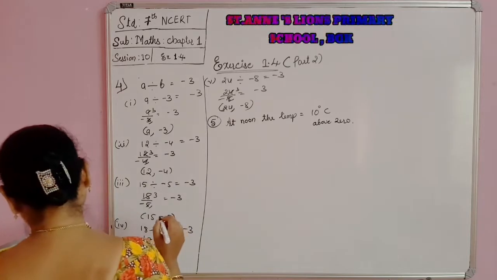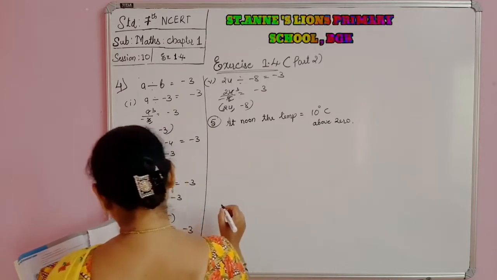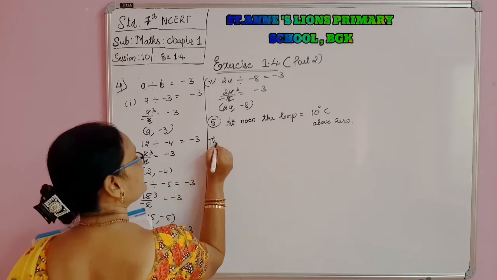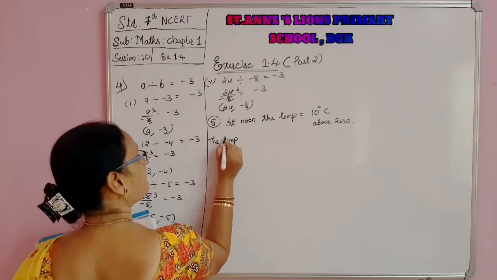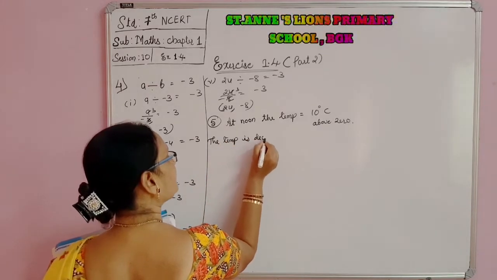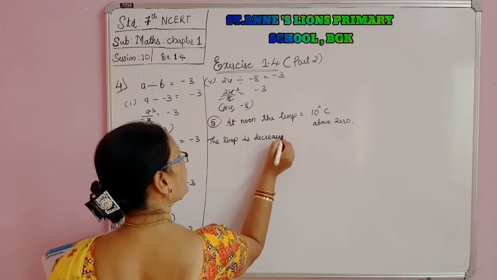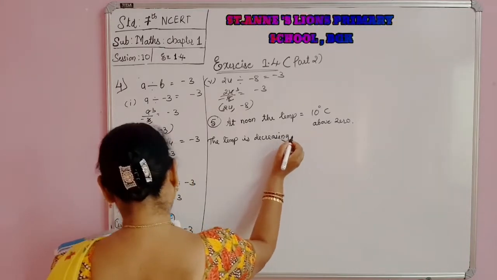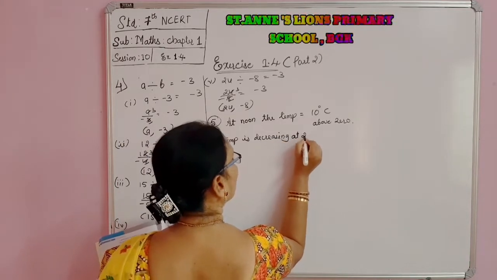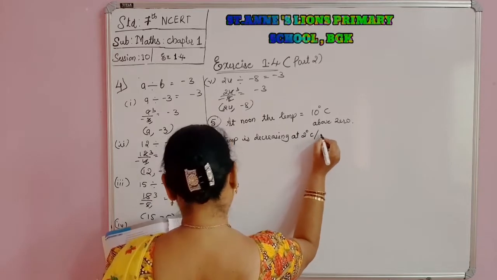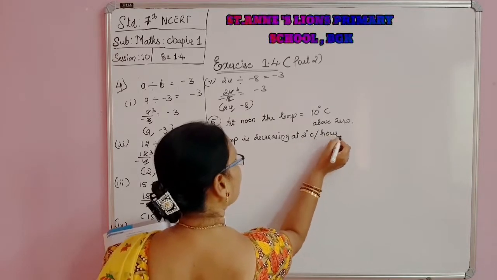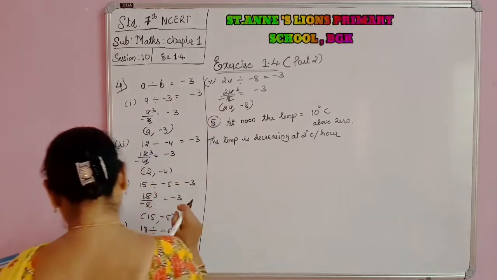Then the temperature is decreasing at 2 degrees Celsius per hour. This bar indicates per hour.